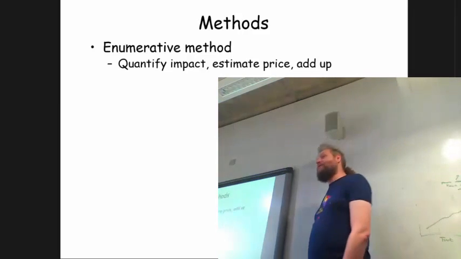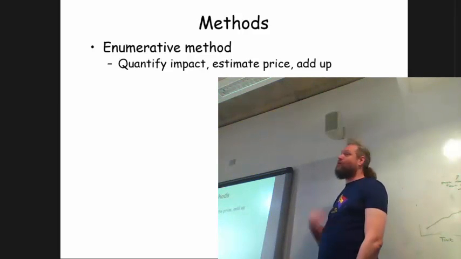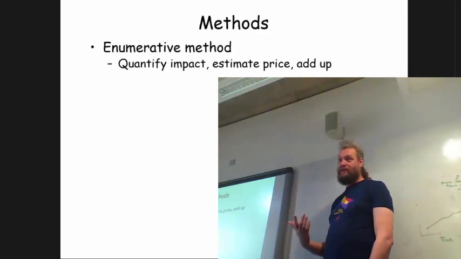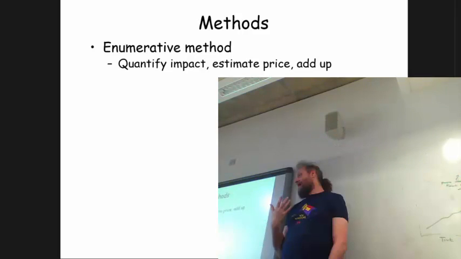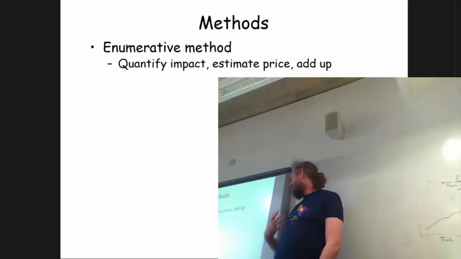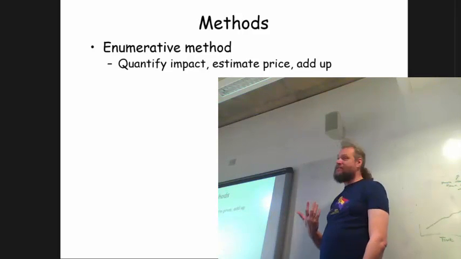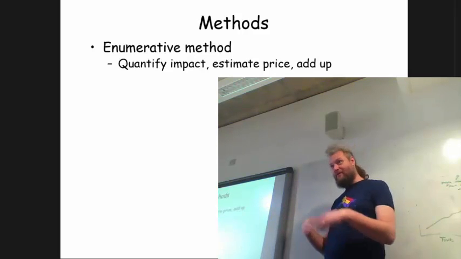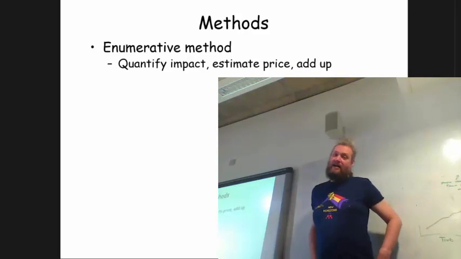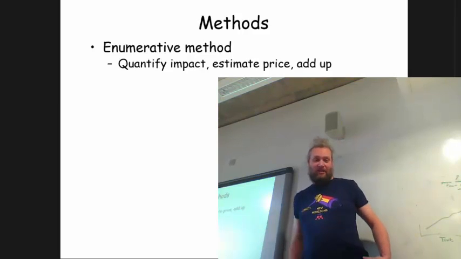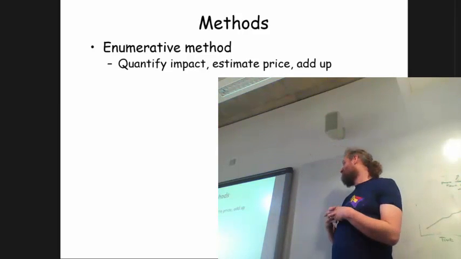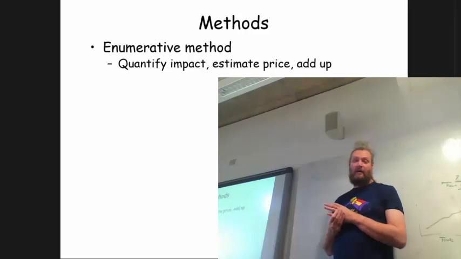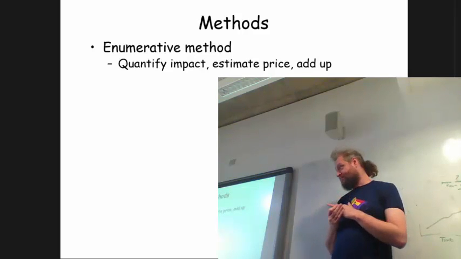And essentially what you do there is you go through all the impacts of climate change one by one, roughly like I did yesterday. You come up with estimates of the change in the quantities, essentially. Physical change, the number of people dying, the kilometers of dike that you need to build, and so on and so forth. And you estimate the price of these things, you multiply and add up. And it's as simple as that.